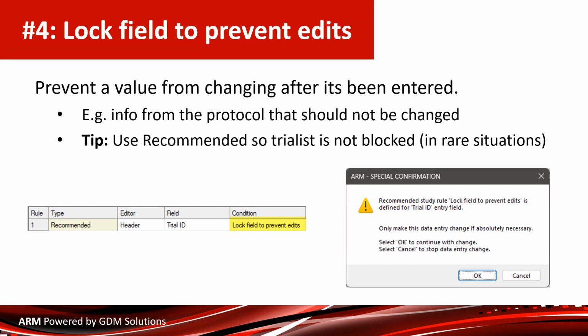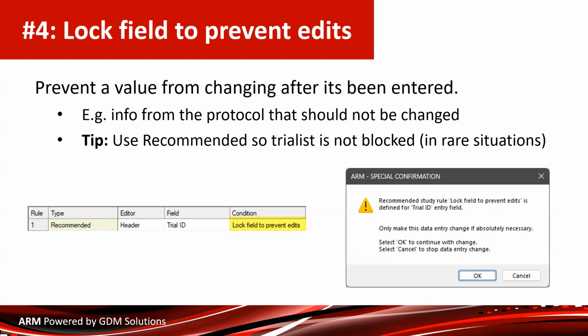The one tip here, just in case, and to try to avoid potential issues in the middle of the season, is to try to use the recommended type instead of making it required.